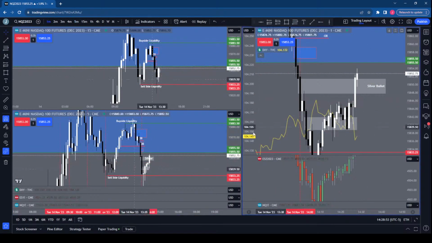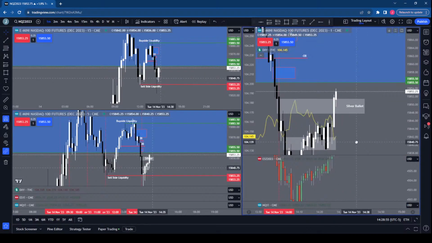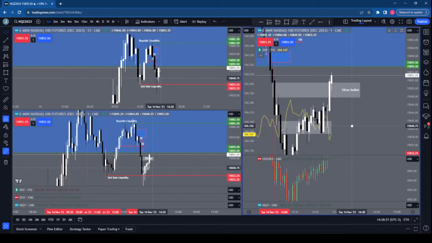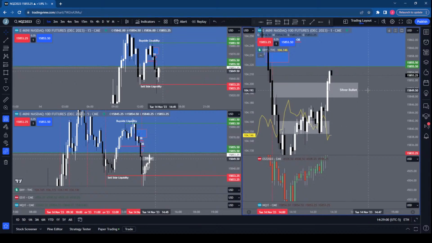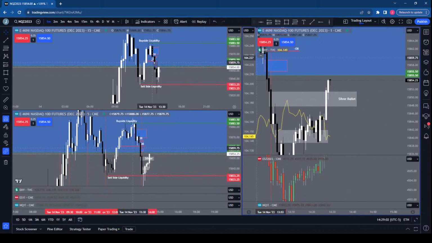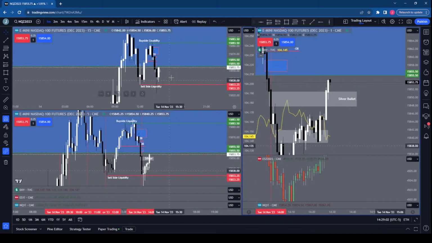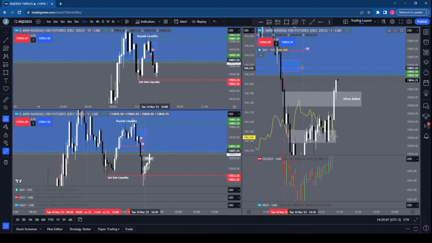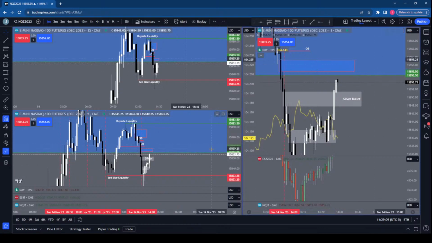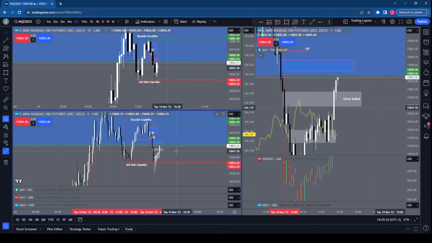And you could still go short too. Like, nah. Wait and see. You can see we're entering into this 15-minute SIBI. But on the 5-minute, we just moved so much.